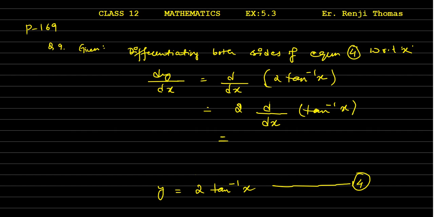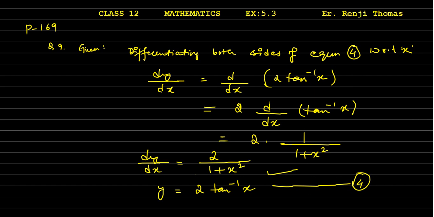This d by dx of tan inverse x, you should remember the formula. The formula is 1 by 1 plus x square. So you will get dy by dx is equal to 2 times 1 divided by 1 plus x square, that is 2 by 1 plus x square. This will be your solution for this sum. So kindly pause the video and note it down.